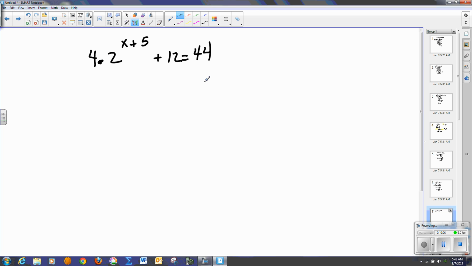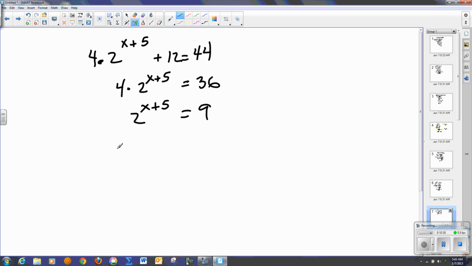No go. You want to bring the 12 over first. Get a 36, equal to 4 times 2 to the x plus 5. Keep in mind that if you did want to multiply those together, you have to have the same base. Now I'm going to divide by the 4, which gives me 9 is equal to 2 to the x plus 5. Now we're back to the same problem we just had.